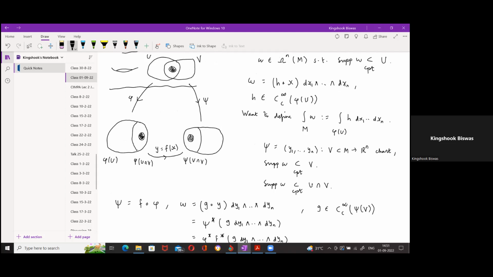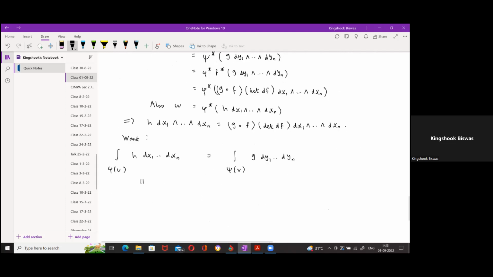And g actually has compact support inside psi of U intersect V. So therefore, these integrals are the same as the integral over phi of U intersect V of h dx1 dxn, and the integral over psi of U intersect V of g dy1 dyn.